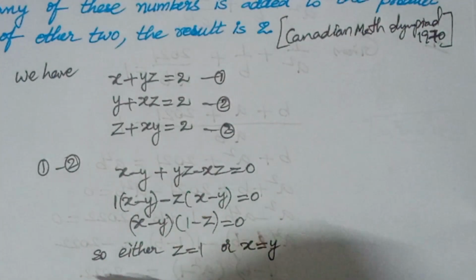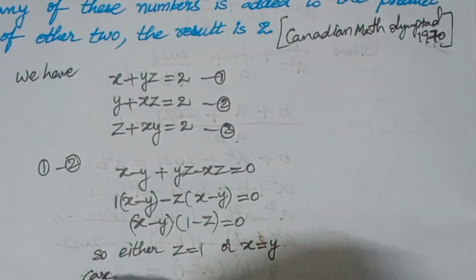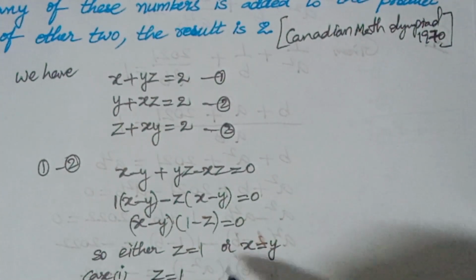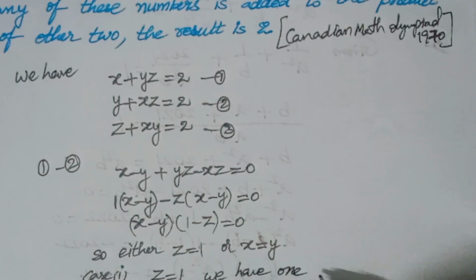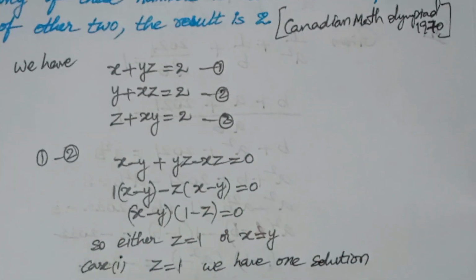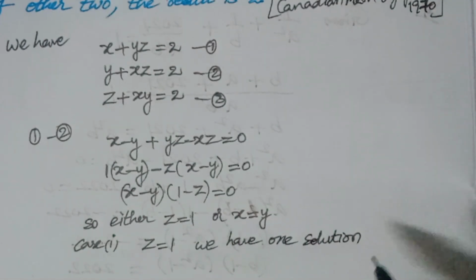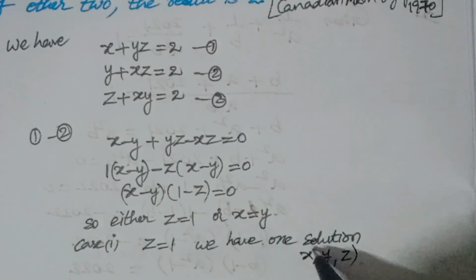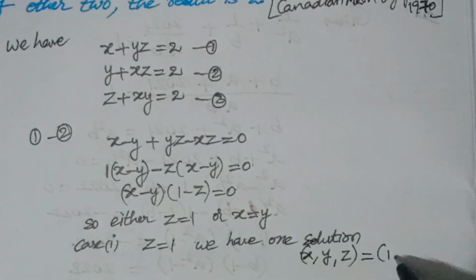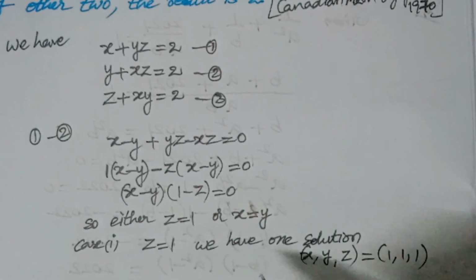So if you take case 1, z is equal to 1, we have one solution: x, y, z is equal to 1, 1, 1.